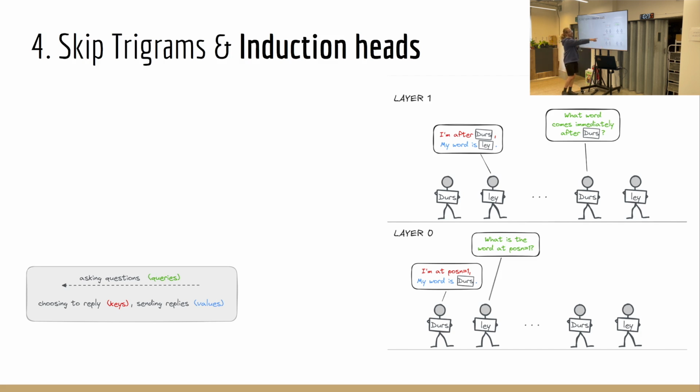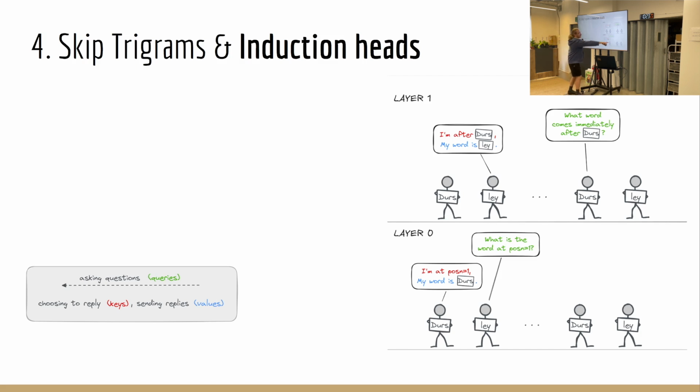Now in layer 1, each token can ask the question, what word comes directly after Durs? Lee knows this because Durs was communicated to him in the previous layer. So the question that's asked is basically the token embedding vector. The key is the token embedding vector that was shoved into that position from layer 0, and the value is the token embedding from that position.